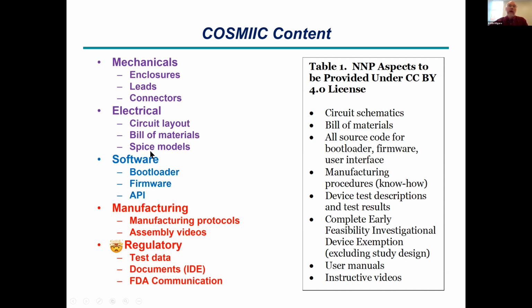So software is pretty obvious. We would make all the software available. This could be provided on GitHub or something like that. But I will say that the one thing we're not looking to provide here are the aspects of the network neuroprosthesis that are specific to a certain clinical application.